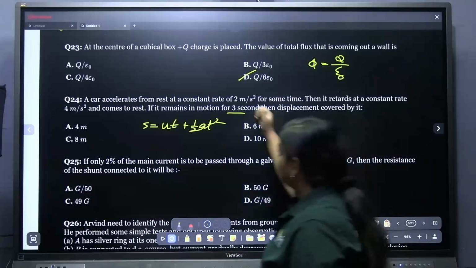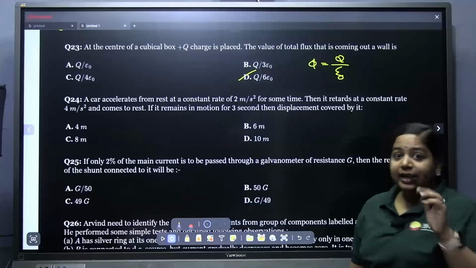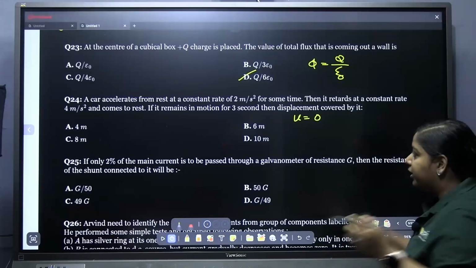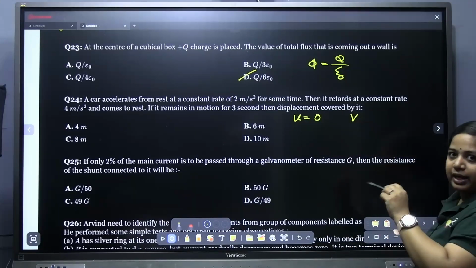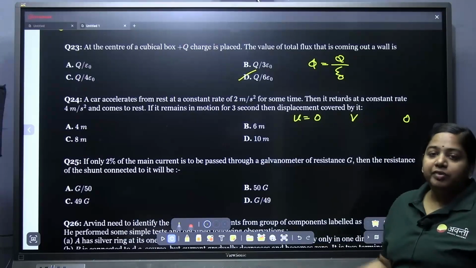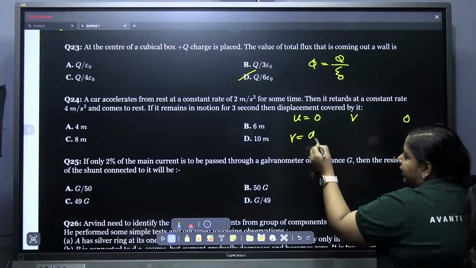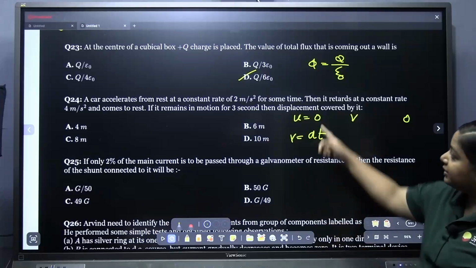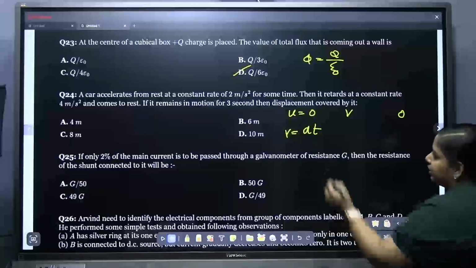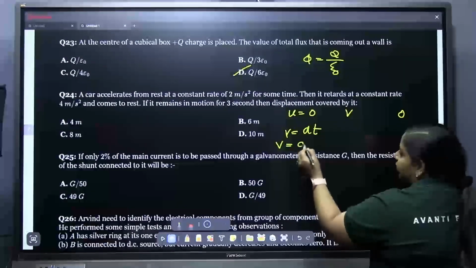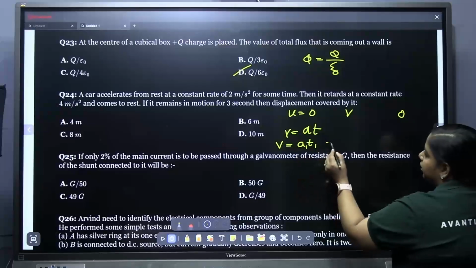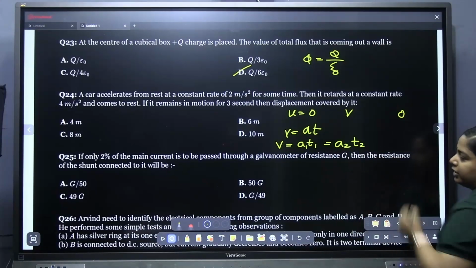So how we do it is that we know initial velocity u equal to 0. In between it goes to some velocity v, and again it becomes 0 at the end. So v equal to a1 t1, which is also equal to a2 t2.